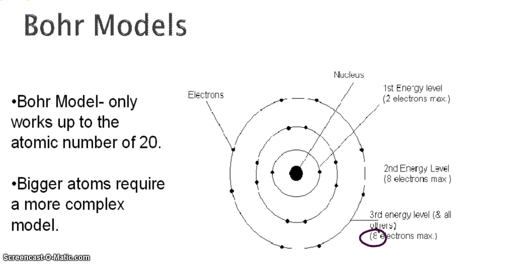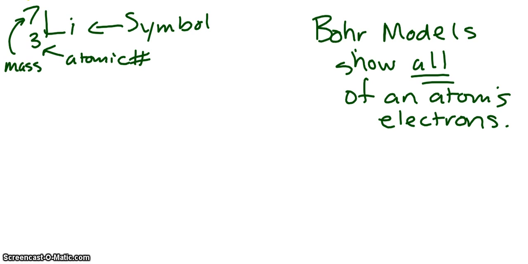When we draw Bohr models, we will always start in the middle, closest to the nucleus, and then we fill further out from there. So I put 2 on the 1st energy level or ring, then I can fit up to 8 in the next, and then on the next one I can fit up to 8 as well. So if you look at your Atomic Family Math worksheet and flip it over, there's a section for us to practice Bohr models.